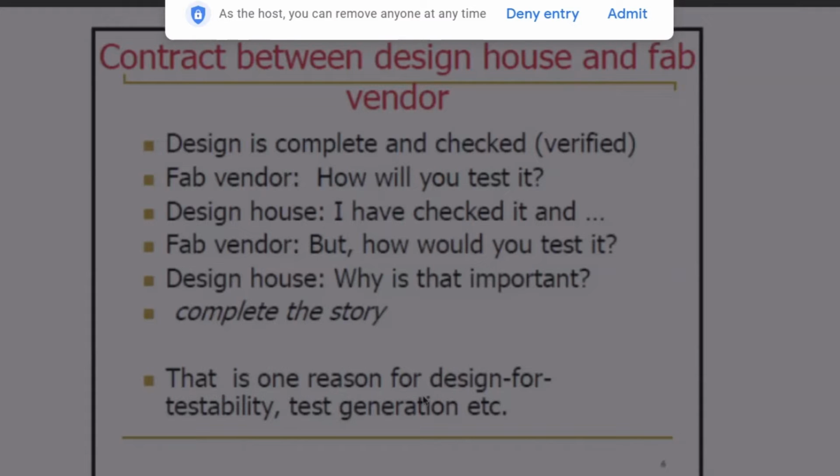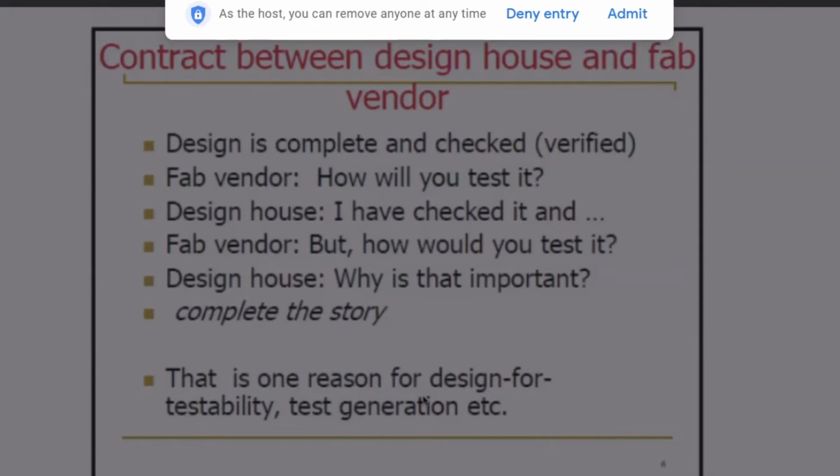Every vendor will have a certain amount of defects, so there will be some tolerance, maybe 1% defects. So you test your design so that the cost can be optimized.